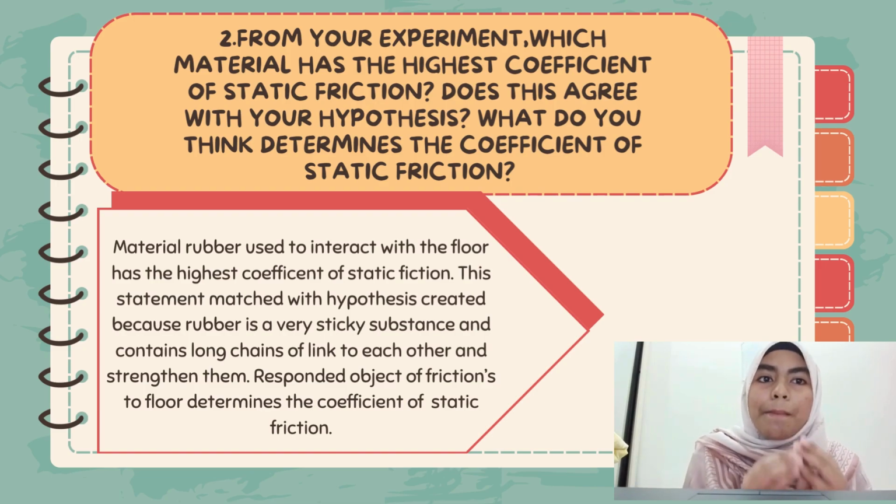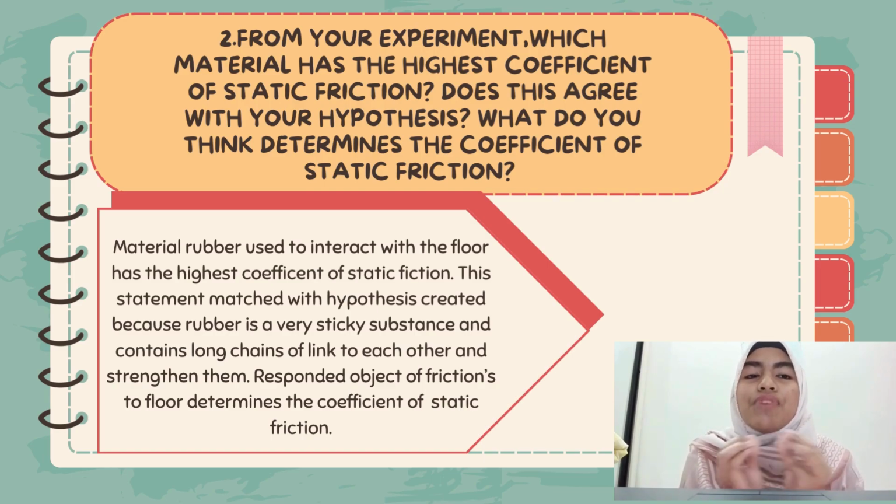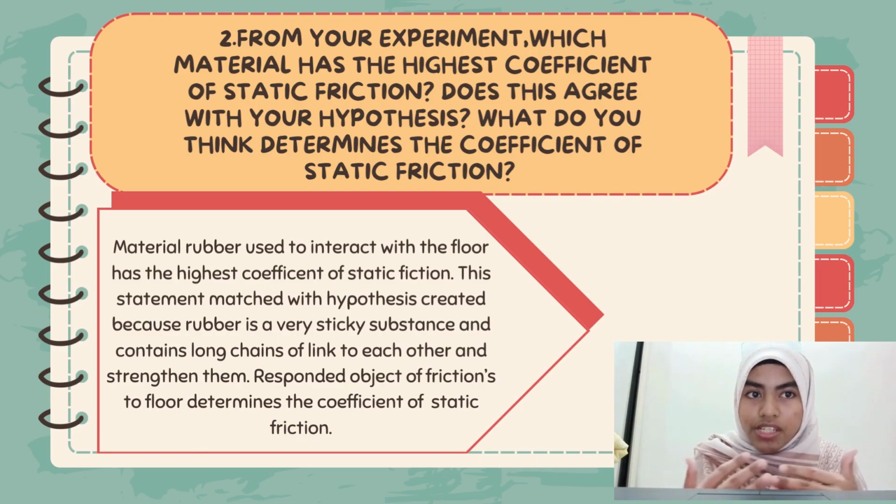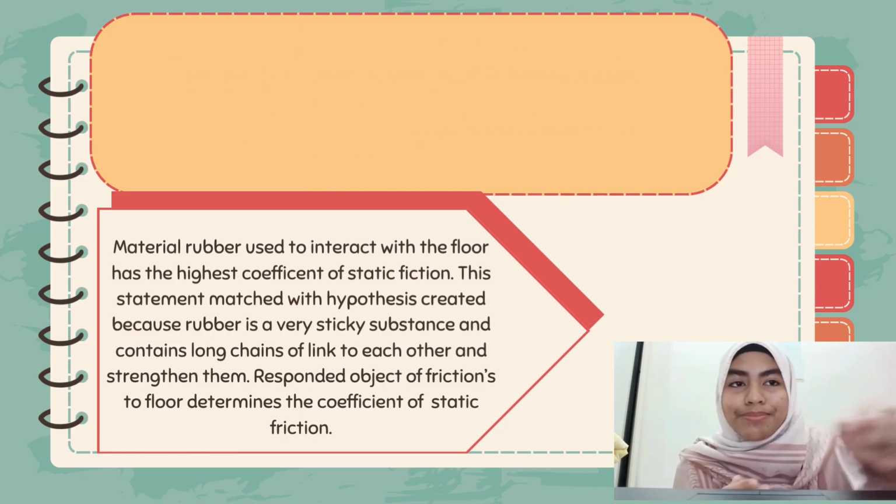This matches the hypothesis created because rubber is a very sticky substance and contains long chains linked to each other. The resistance of the object to flow determines the coefficient of static friction.